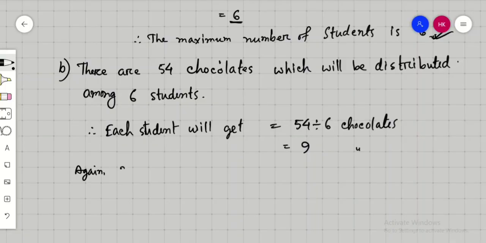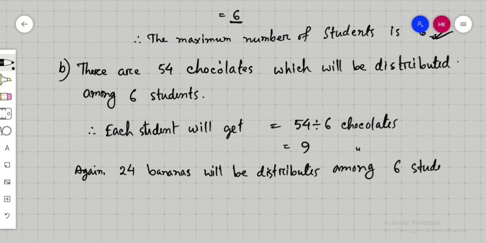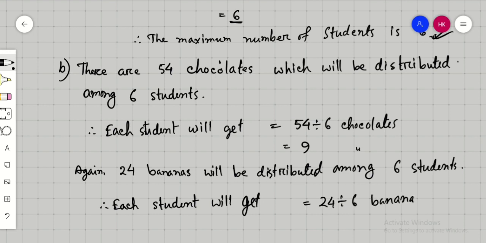There are 24 bananas to be distributed among 6 students, so we can write each student will get 24 divided by 6 bananas. That means 4 bananas.